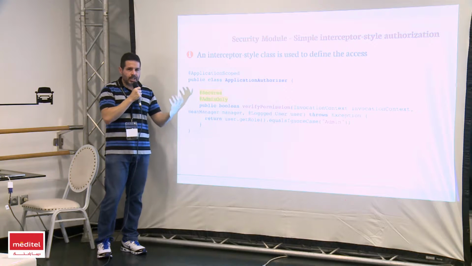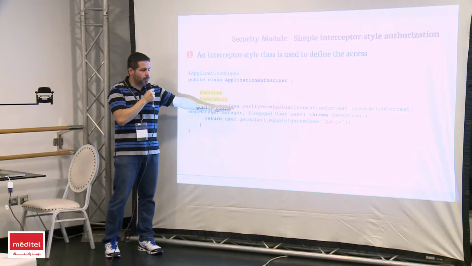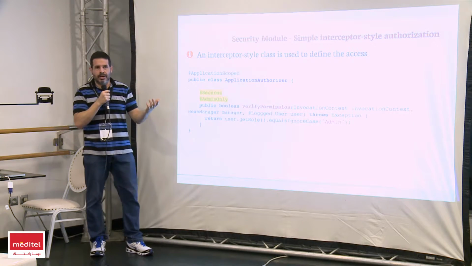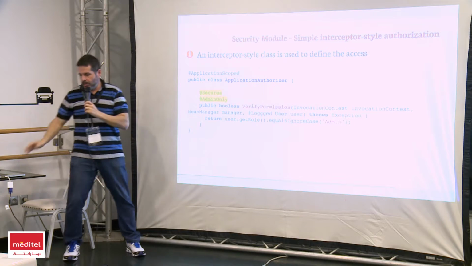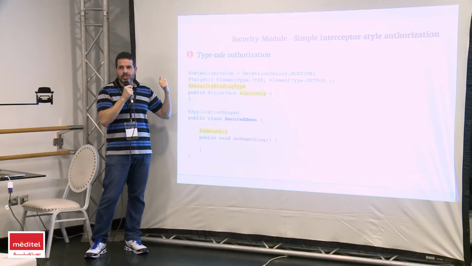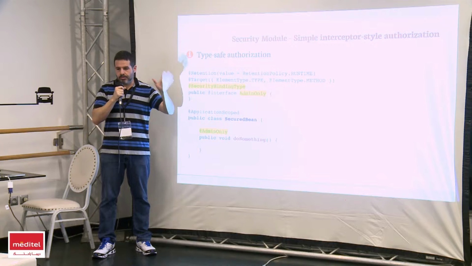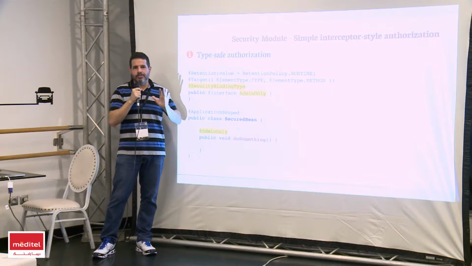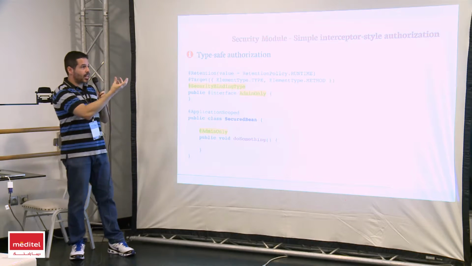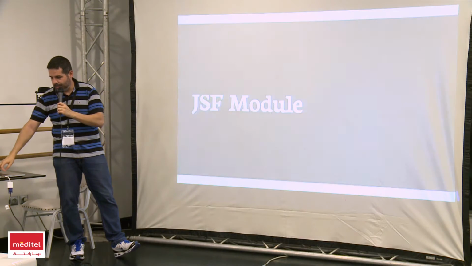This method that contains the logic has the security annotation and must return Boolean. If the return is true, the user is admin in this case, and the method will be executed. If the method returns false, then you will receive an access denied exception. So this is very handy to have this style of security in your application.